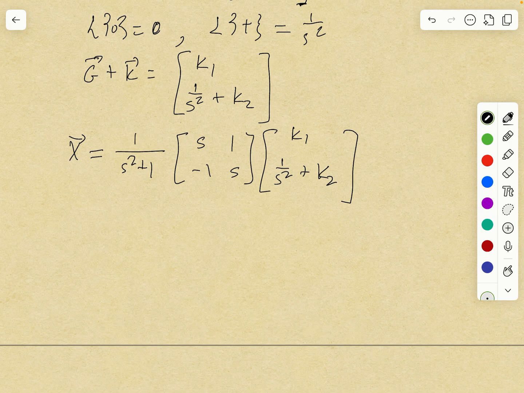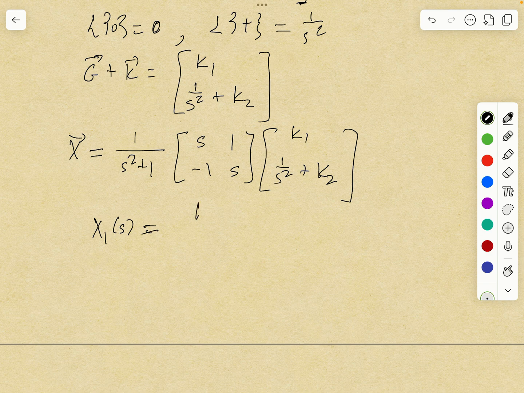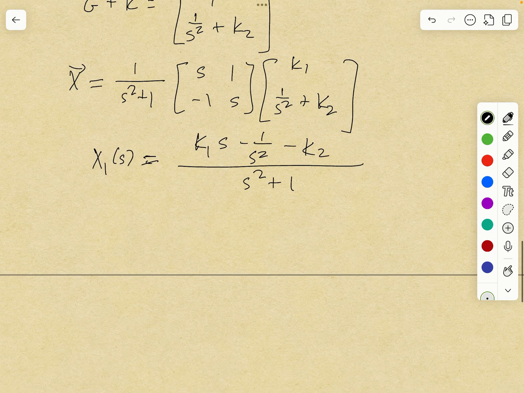And now you do the matrix multiplication. So you get capital X1 of S equals K1 times (S minus 1) over S squared, minus K2 all over S squared plus 1.